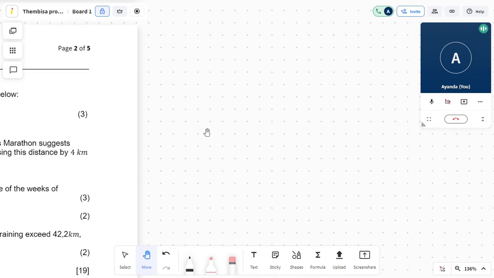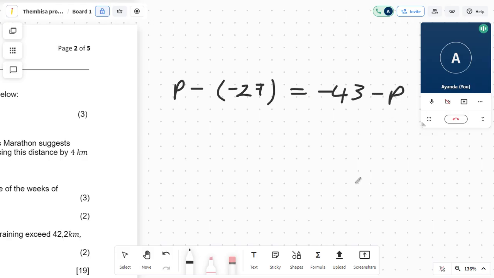So we can create an equation. p minus negative 27 is equal to negative 43 minus p. A negative times a negative is a positive, so p plus 27 is equal to negative 43 minus p.